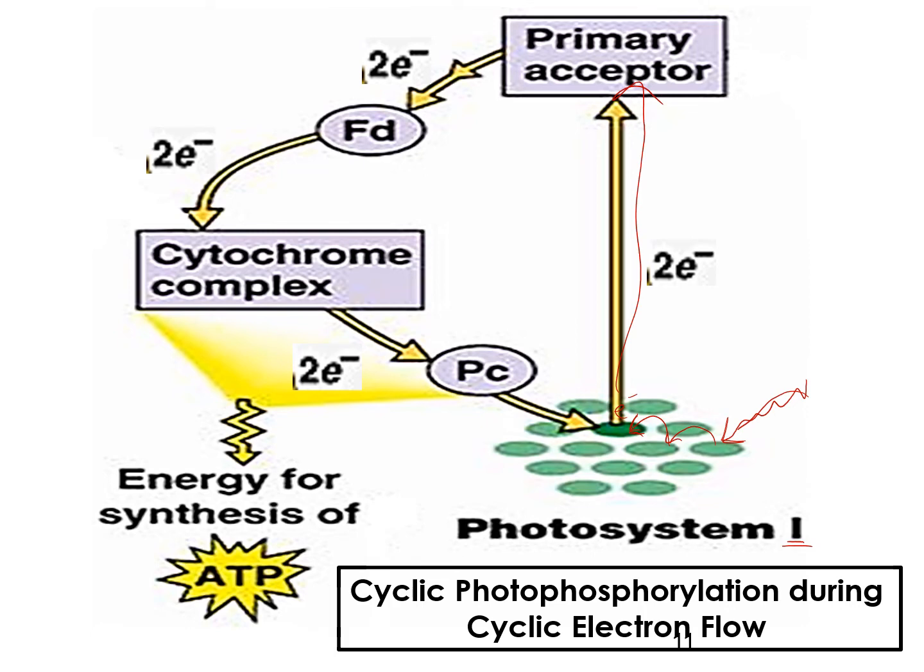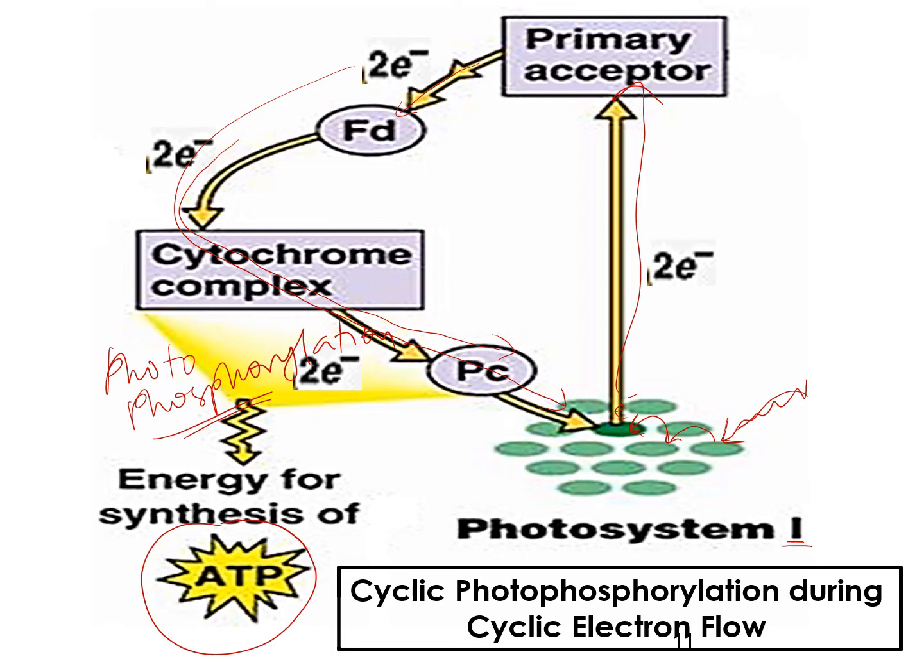The primary electron acceptor will transfer the electron to the ferredoxin, and then the electron will pass through the ETC and back to the reaction center, to the photosystem. The flow of electron here is enough for photoactivation and photophosphorylation to occur. So this will produce ATP.